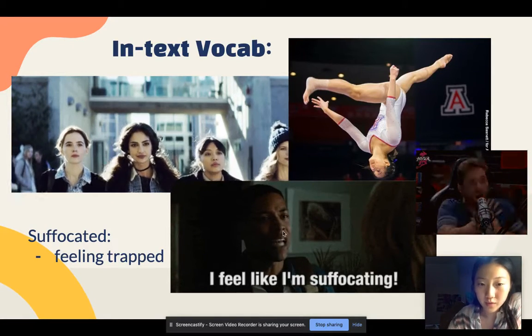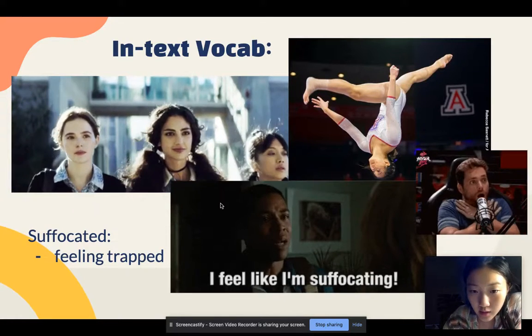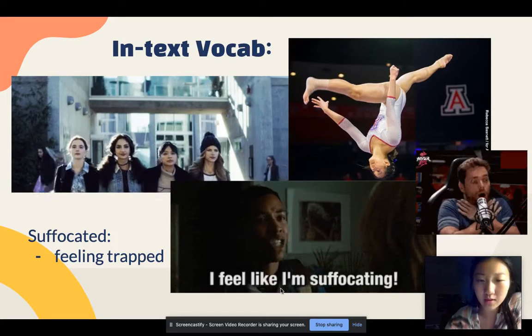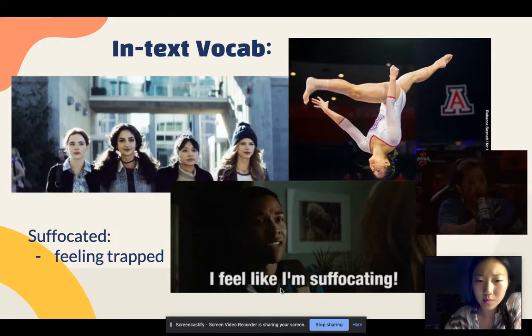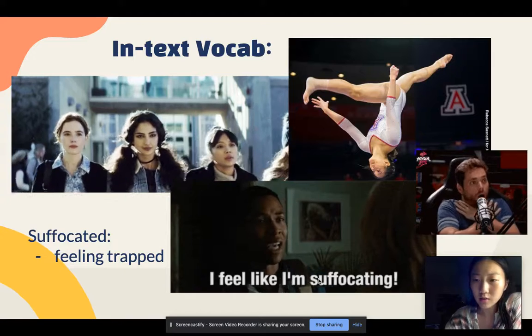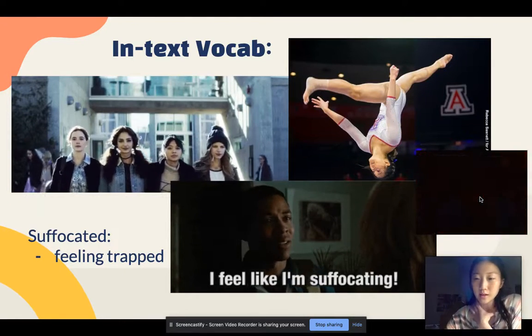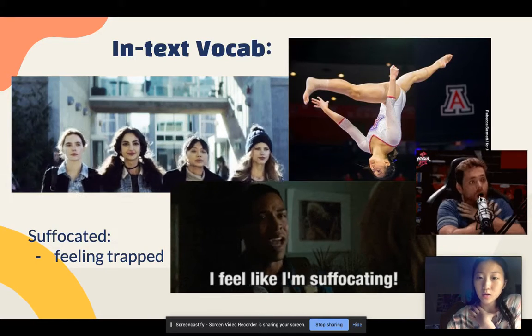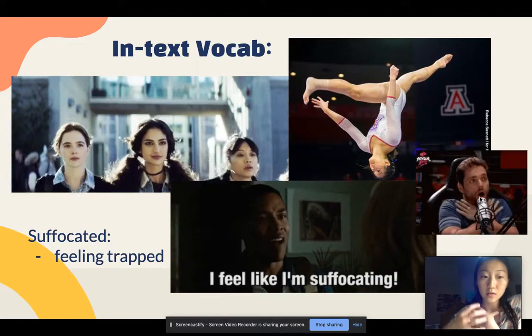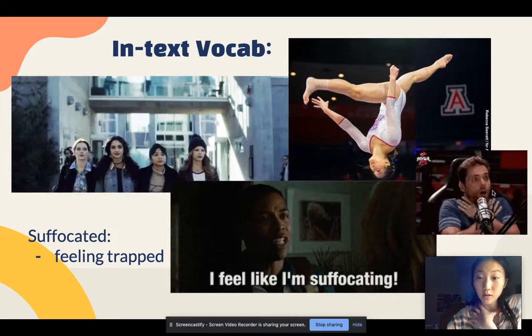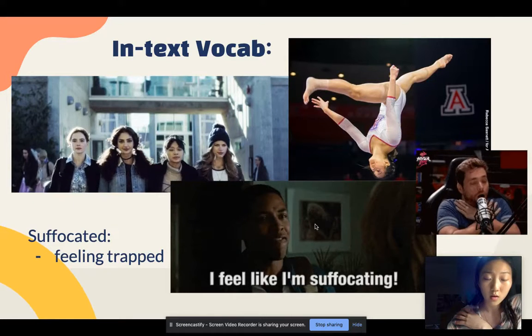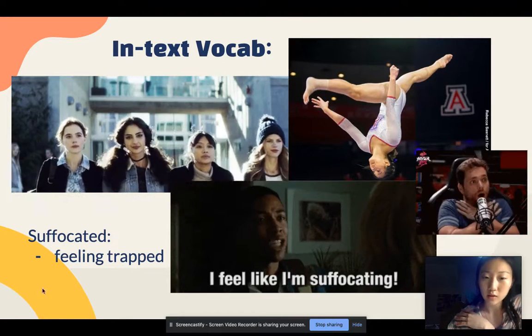So if you see, like, in this meme or in this GIF, this person's saying, "I feel like I'm suffocated," or "I feel like I'm suffocating." So it could be a very anxious, maybe a physical reaction, like, "Oh man, I'm having an anxiety attack," or a physical feeling of not being able to breathe. But in this case, it's more of a feeling, okay?